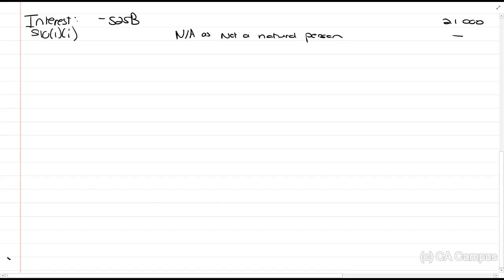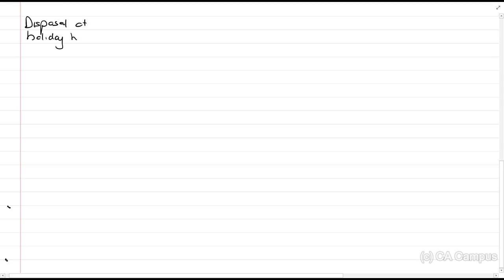So we go to the trust. No one has a vested right to this. Disposal of holiday home. Proceeds, 4.9 million. Base cost.